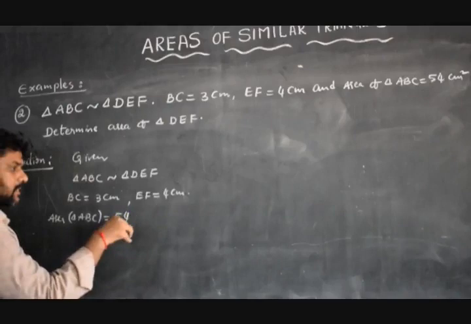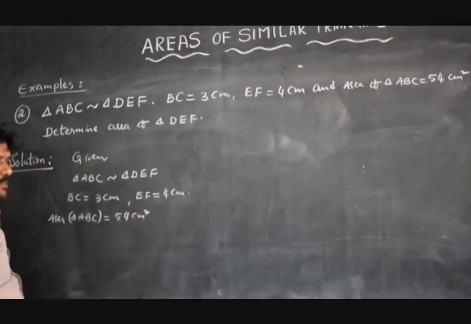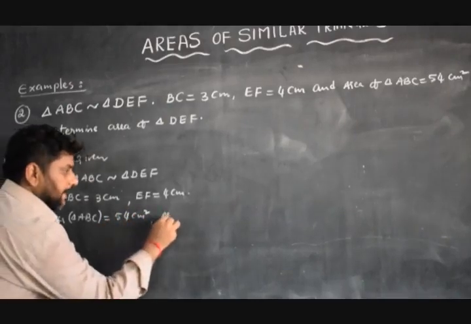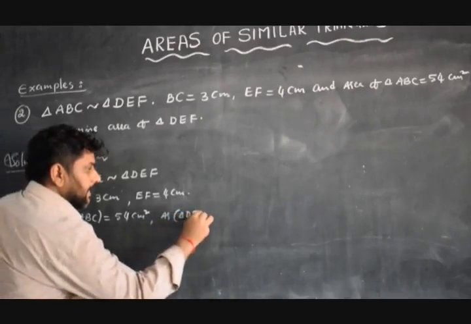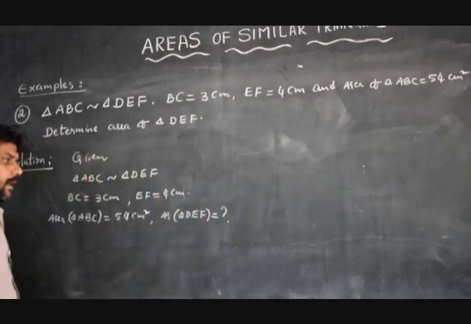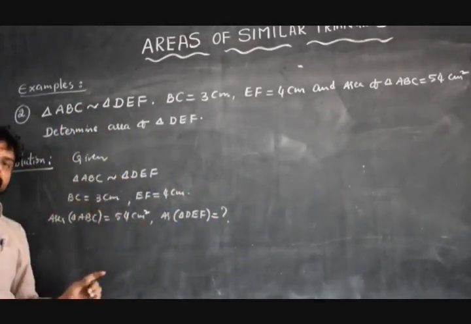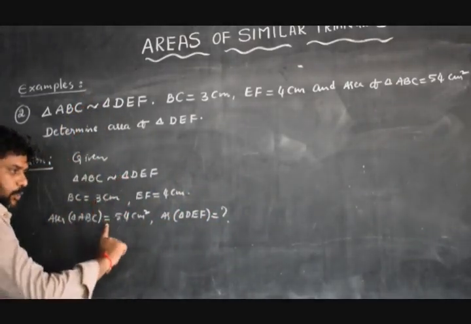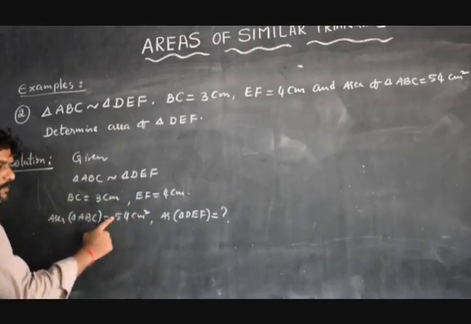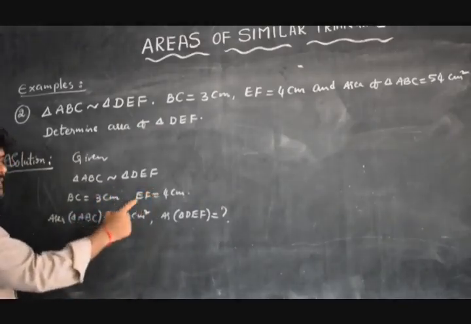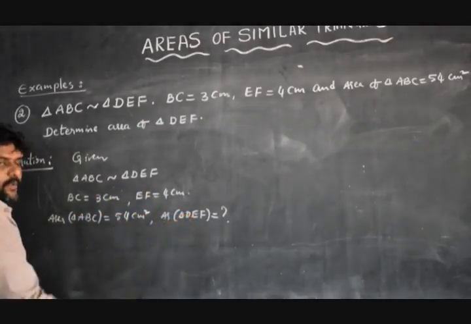Area of triangle ABC is equal to 54 centimeters square. We have to find area of triangle DEF. Already we discussed the area of similar triangles. We have total 4 items, 2 sides, 2 areas. Out of these 4 items, only 3 values are given. We have to find the 4th value.